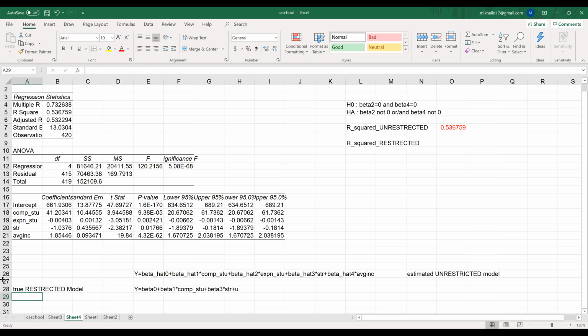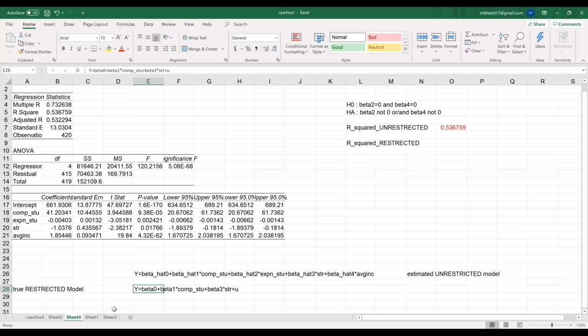Do we have estimates of beta 0, beta 1, and beta 3 from this restricted model? No, we don't. Did we run a model only on CompSTU and STR? No, we have to do it right now.